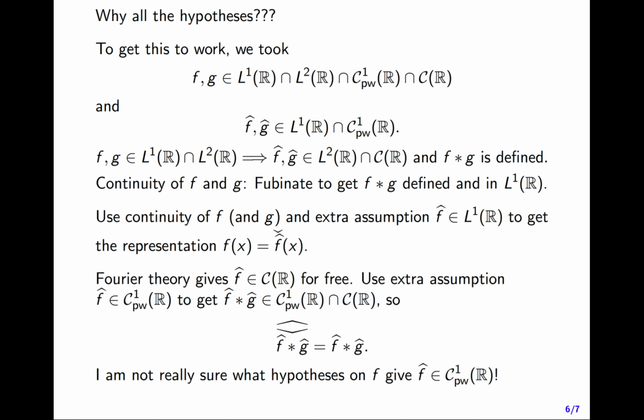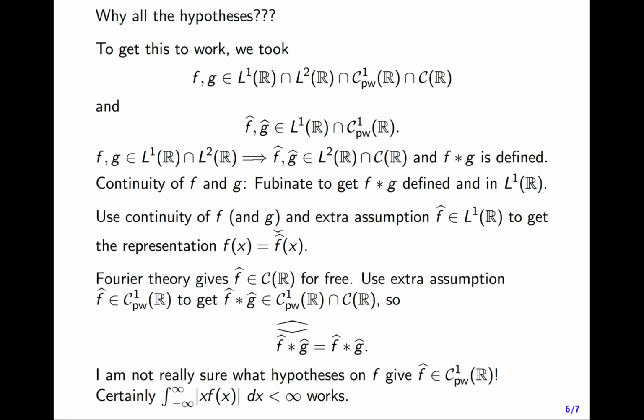I have to be honest with you, I'm not really sure what hypotheses on a function f tell you that its Fourier transform is C1 piecewise. There are some stronger results on differentiating a Fourier transform from last week, but that gives continuous differentiability, not just C1 piecewise. For example, you might say that the integral from minus infinity to infinity of modulus of x times f of x converges.